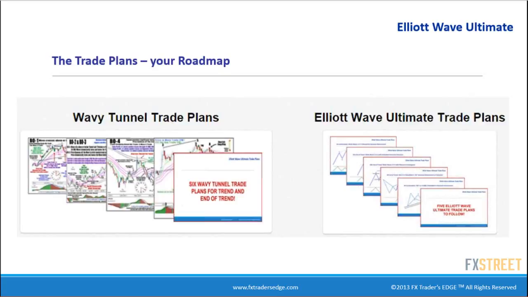We have our Elliott Wave Ultimate Trade Plans, which is just amazing. It's the icing on the cake. It includes Elliott, Fibonacci, and harmonics with 5 trade plans. Do you need to learn all of these trade plans? No, but you probably will. They're not that difficult. And this is what we teach you in our comprehensive training.